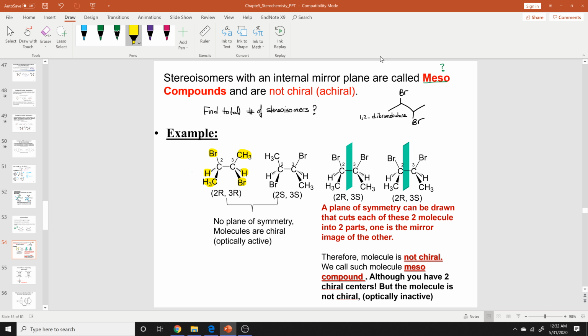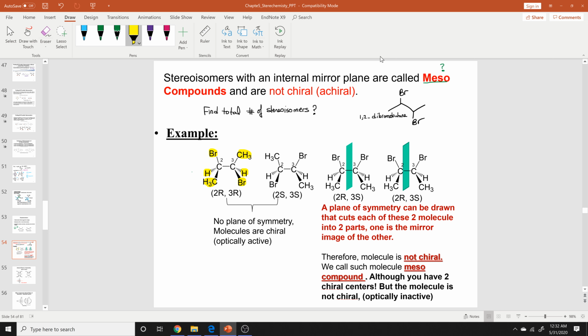So if I want to draw the mirror image of this molecule here, if I rotate it 180 degrees, the bonds are going to align with each other. And if they align with each other, this means that the molecule and its mirror image are identical. They are the same.